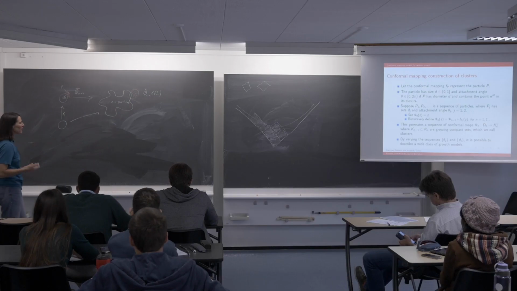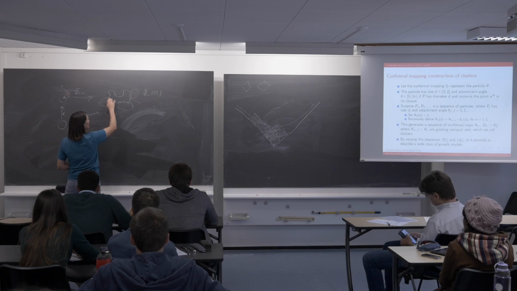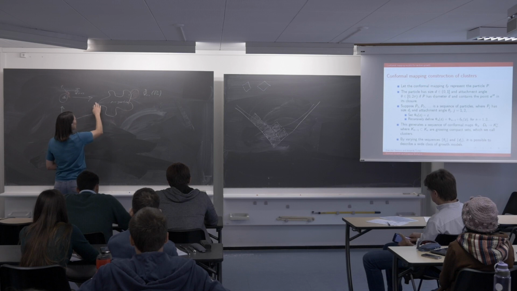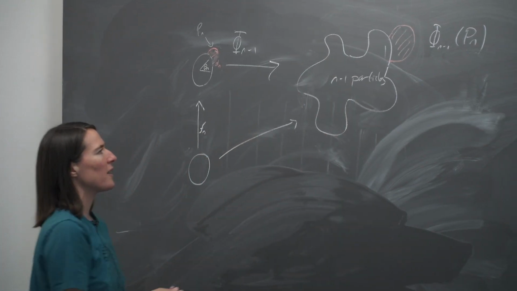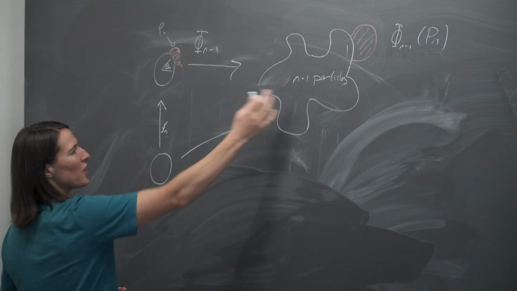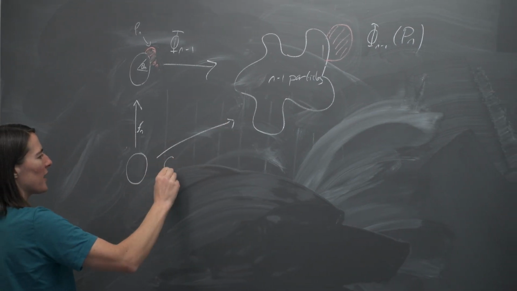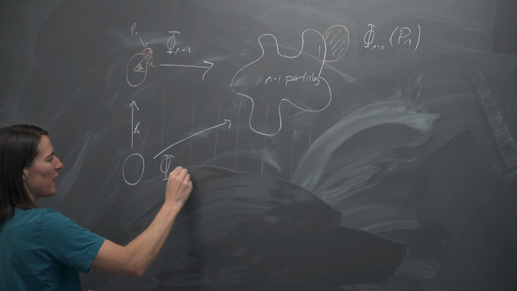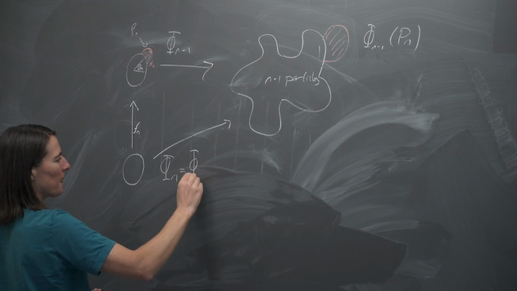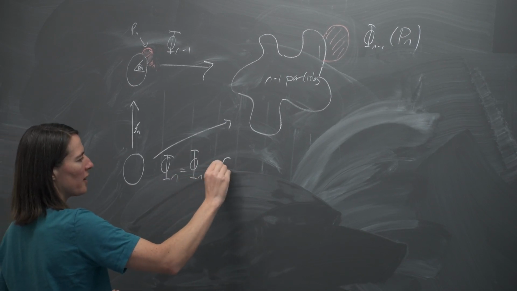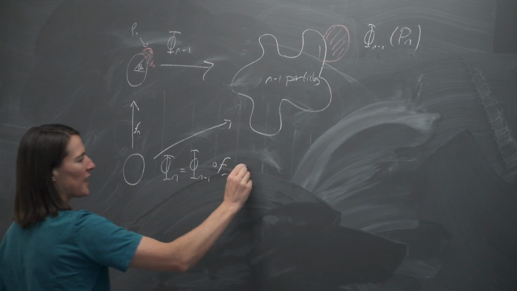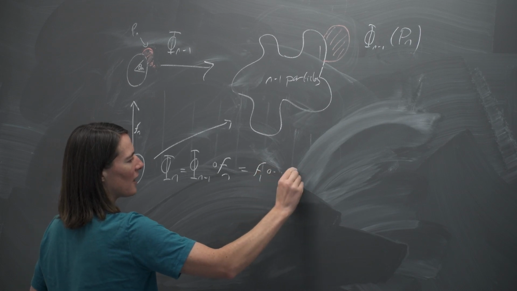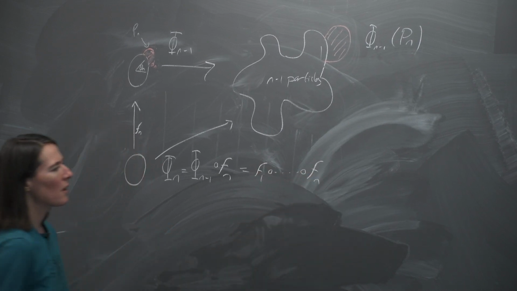Okay, but what have I actually got on the right-hand side? I had n-1 particles making this up, but now I've got something else stuck on. So that's n particles. So the exterior of this is actually the exterior of a cluster with n particles. And so that means that my composition map does exactly what I want. So I can set phi n to be equal to phi n-1 composed with Fn. So there's my recursive process, or you can sort of extend this to go F1 up to Fn.